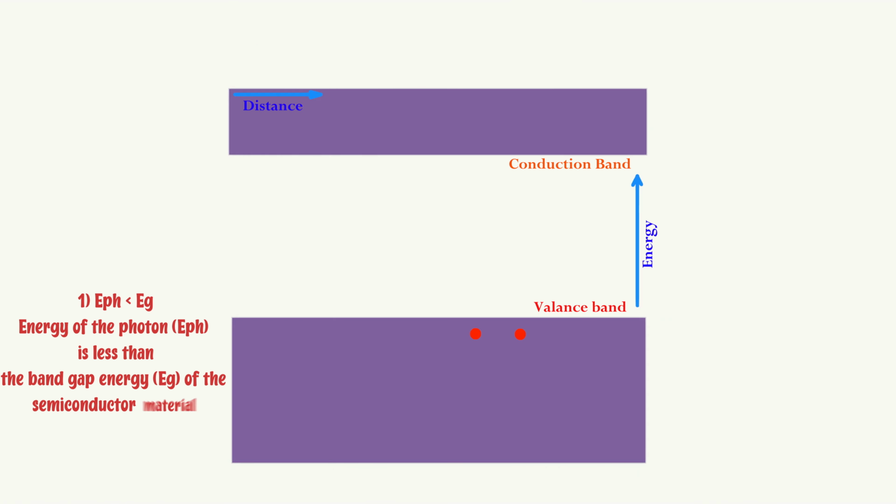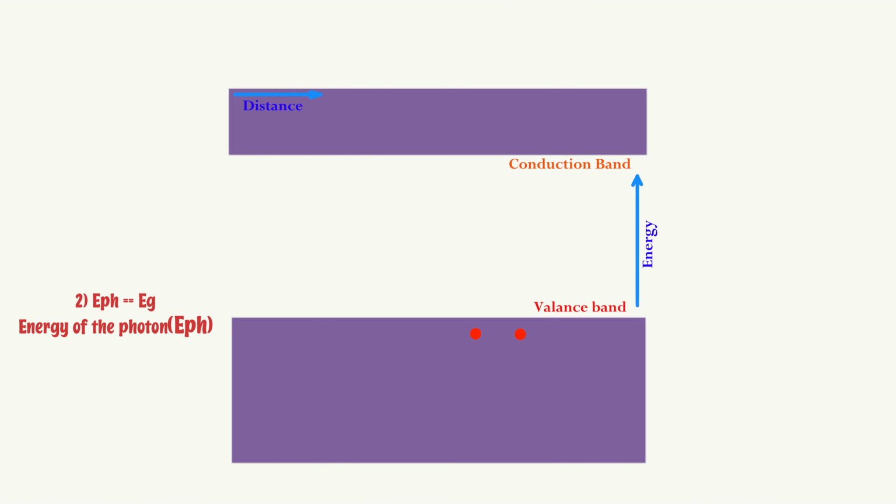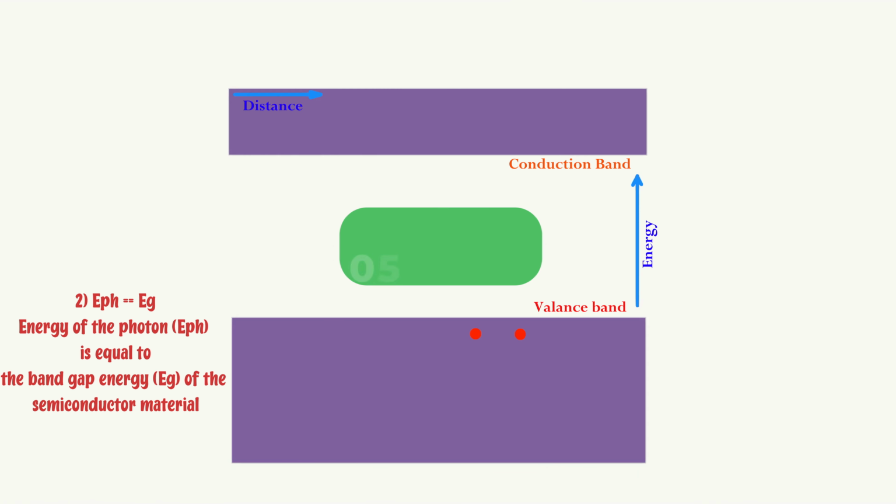Condition number 2. What happens when the energy of the photon is equal to the band gap energy? In this condition, the photon is absorbed and it excites an electron. In this case, the total useful energy transferred is equal to the band gap energy. This is the most efficient condition for energy conversion.